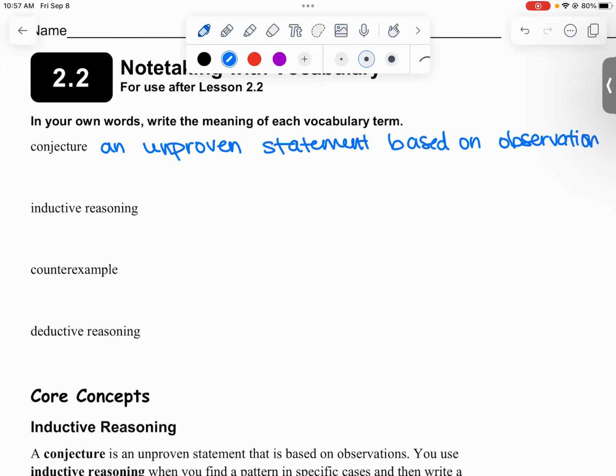So it's an unproven statement based on observations. You observe something, you make a conjecture.